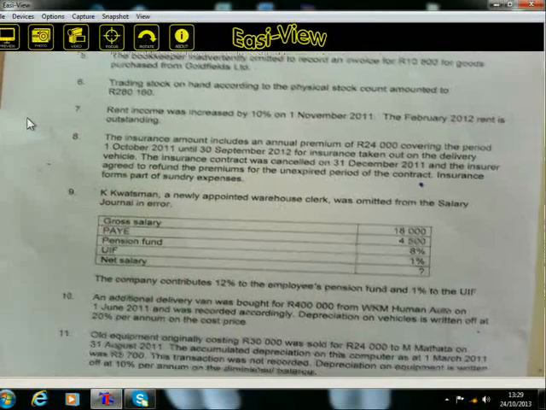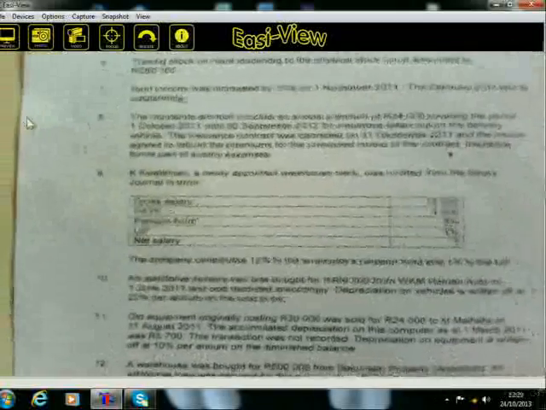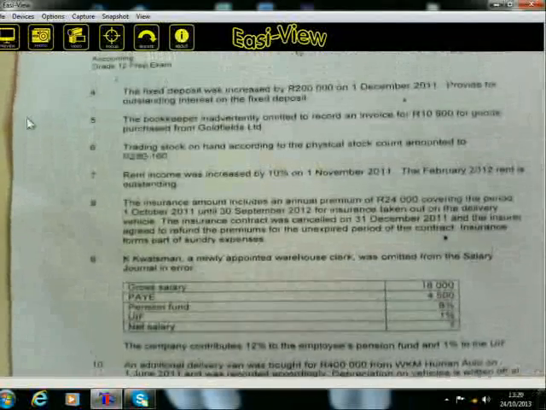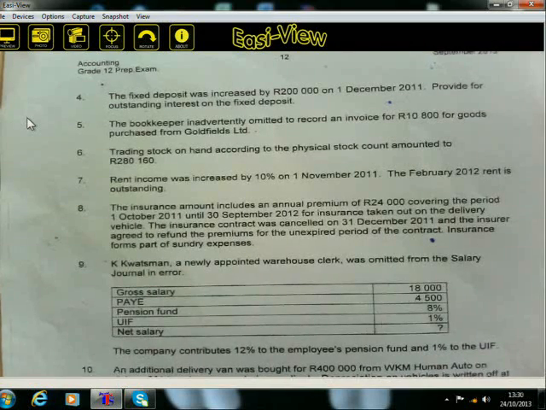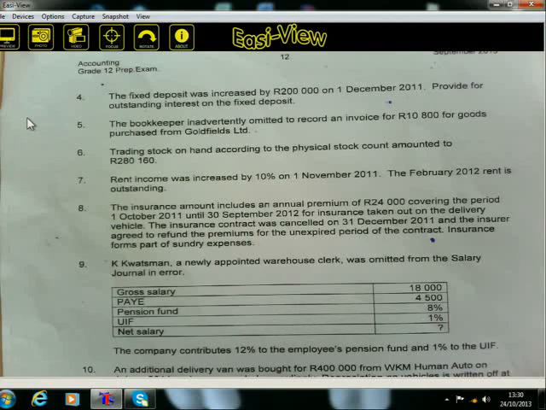It reads that the fixed deposit was increased by 200,000 to provide for outstanding interest. Here is the fixed deposit, I just pass it. The bookkeeper inadvertently omitted to record an invoice for 10,800 for goods purchased.